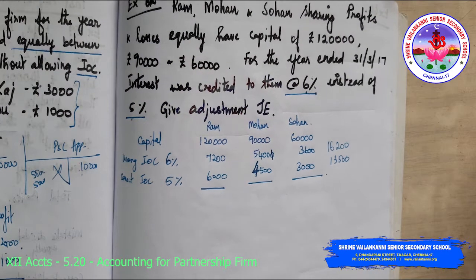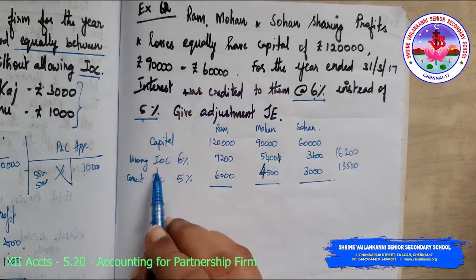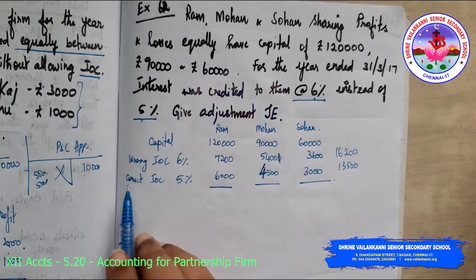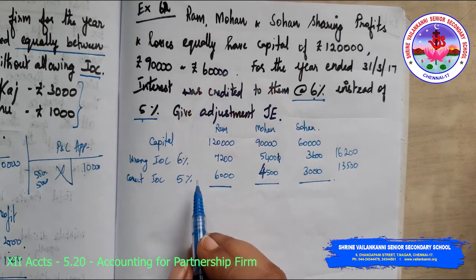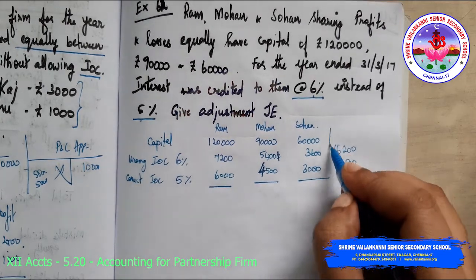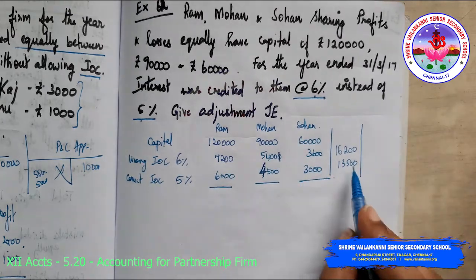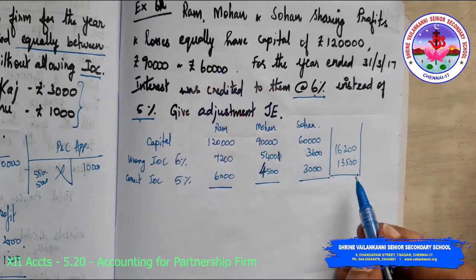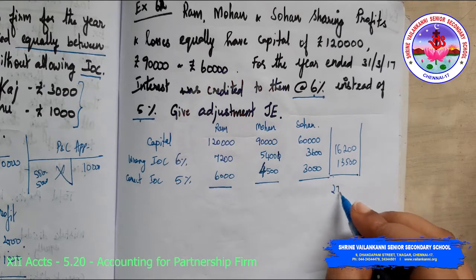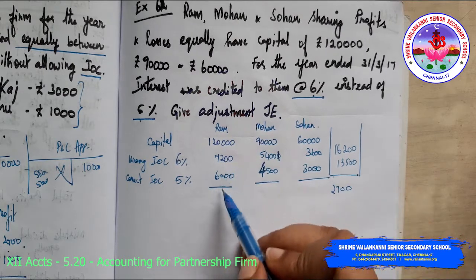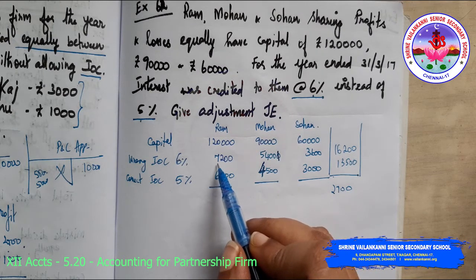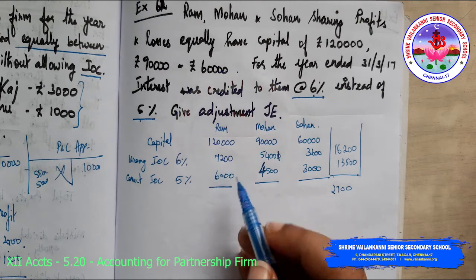So you can look here. Wrong interest on capital is 6%. Correct interest on capital is 5%. The difference amount you will get 2,700. So I am just deducting 6,000 from 7,200.